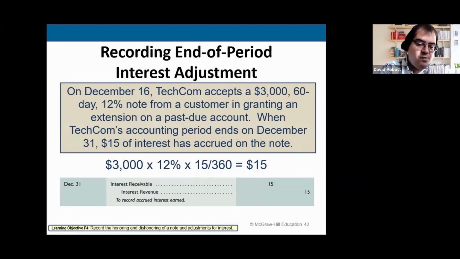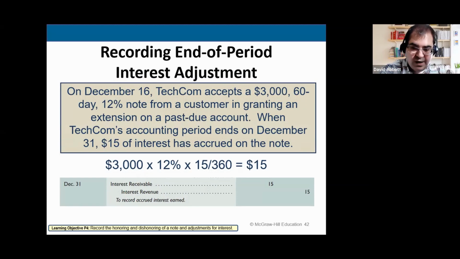When notes receivable are outstanding at the period end, any accrued interest earned is recorded. To illustrate, on December the 16th, TechCom accepts a $3,000, 60-day, 12% note from a customer.